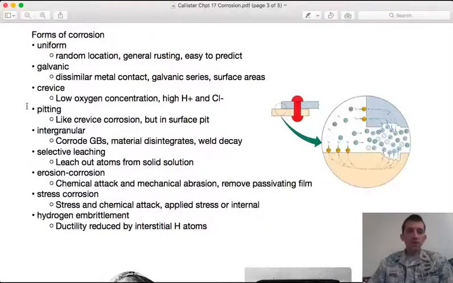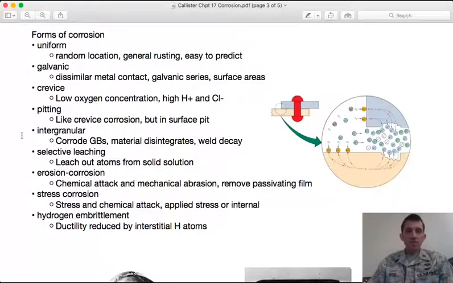This would be things like crevice corrosion, where you have a narrow region, say between two metal plates, where the conditions are much different than on the surface. In a confined space the oxygen concentration can be much different, and you can have a collection of ions, so you have an accelerated electrochemical cell in that crevice.